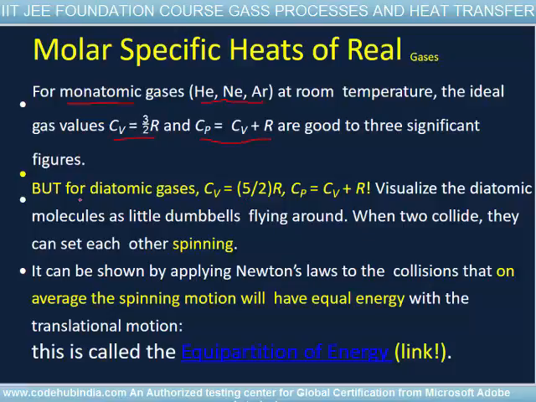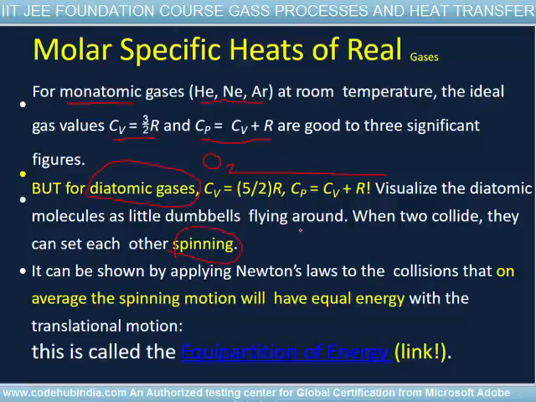Okay. For the diatomic, what are the diatomic? O2 is diatomic. Okay. The Cv equal to 5 by 2 R. Visualize the diatomic molecule as a little dumbbell flying around. When two collide, they extend and they spin.